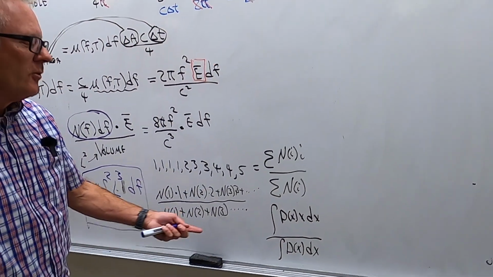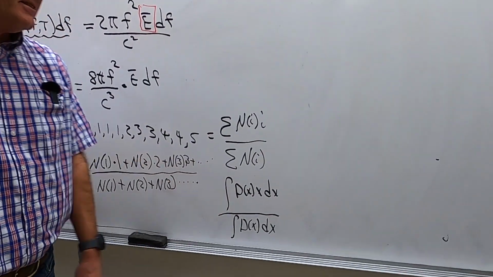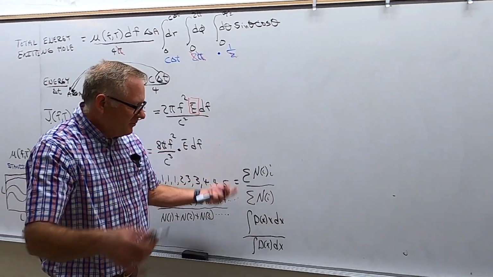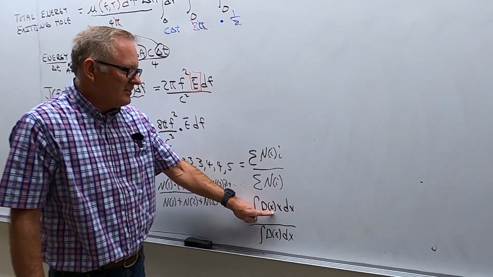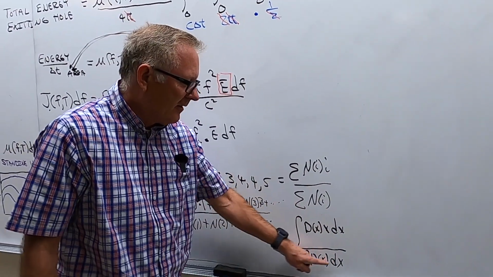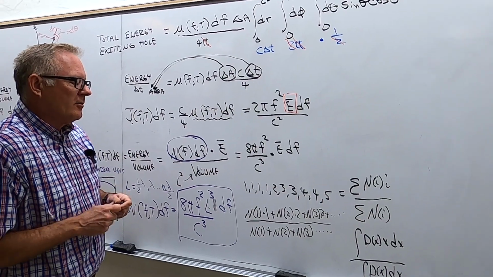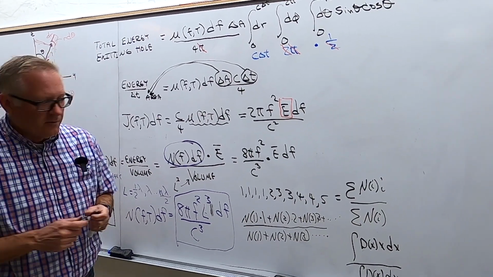This is exactly the way you find the center of mass in classical mechanics. The center of mass for a continuous object is how the mass is distributed times x over how that's distributed right here. So that's what we want to do for our energy.